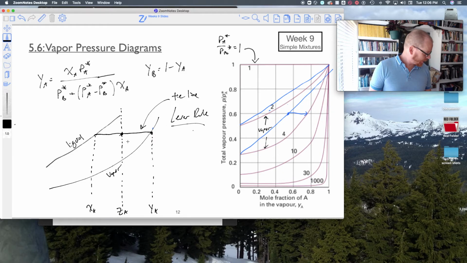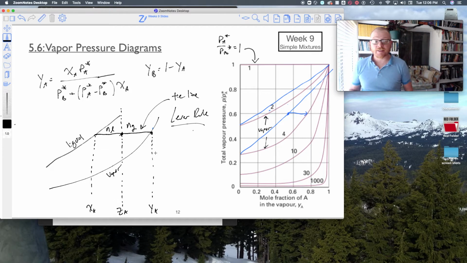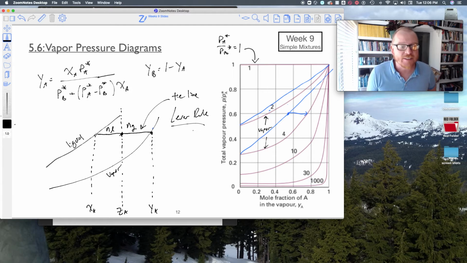And so I'm going to put a couple things down here, all right? So I'm going to write NL, meaning the number of moles in the liquid is on this side, and the number of moles of gas is on that side, okay? Let's suppose we had this composition, where here is my liquid composition, here is my vapor composition. Using this lever rule, I can calculate how many moles are in the gas and how many moles are in the liquid.